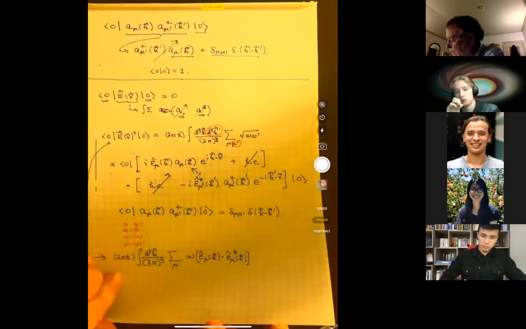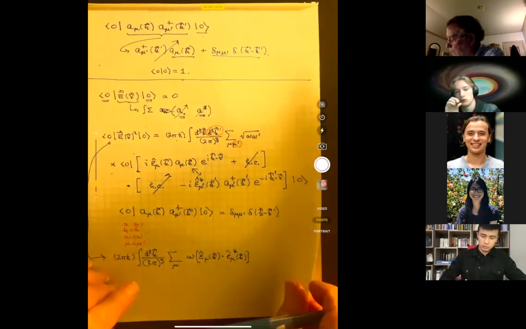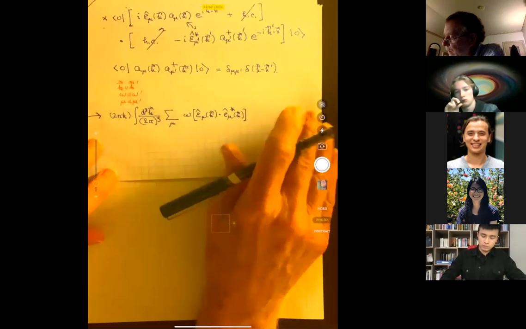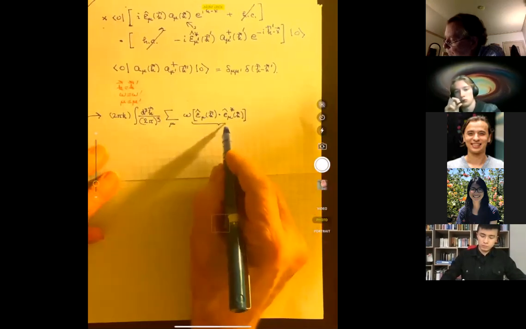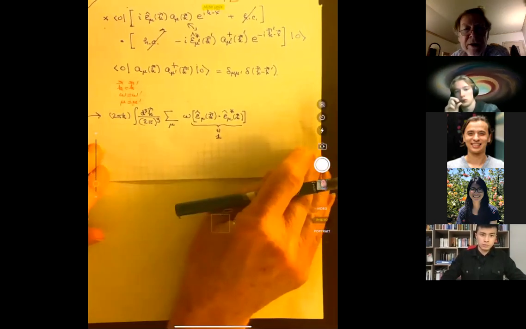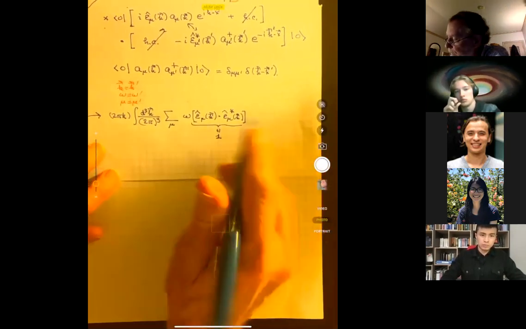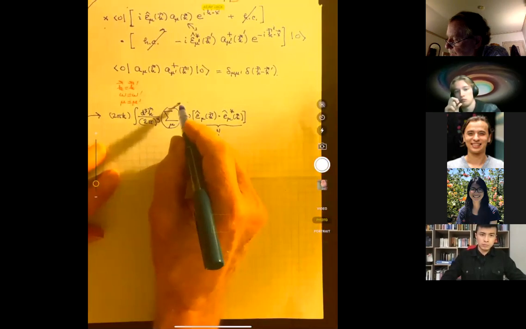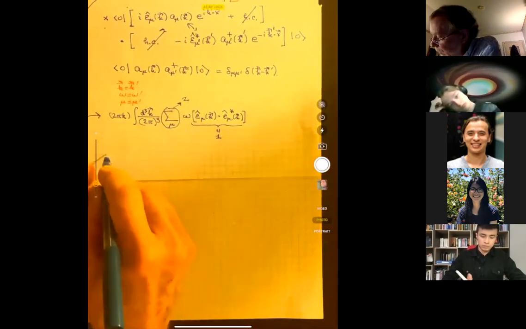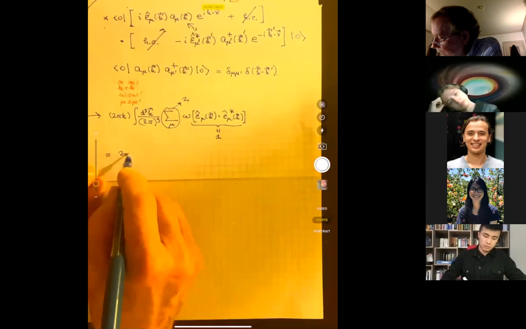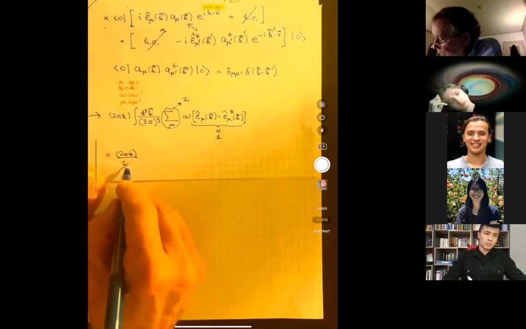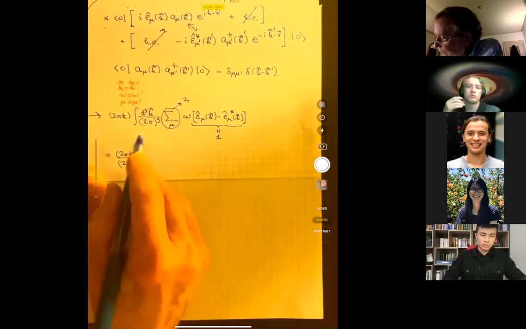Let me tear this page off so I can get more room. It's simplified a lot. This dot product of polarization vectors is equal to 1 because it's just a polarization vector with itself and they're unit vectors. That means the sum on mu gets replaced by 2 because the answers don't depend on polarization. And so this integral then turns into 2 pi h bar here, the prefactor there. There's a (2 pi) cubed in the denominator, which came from there.